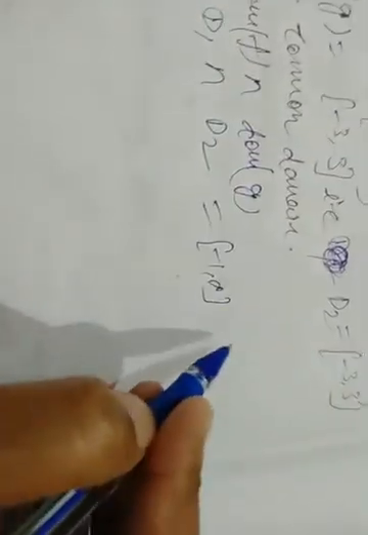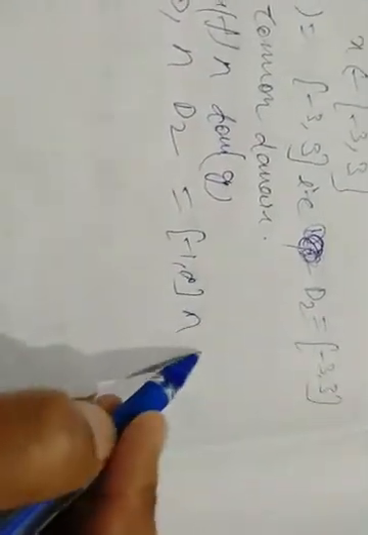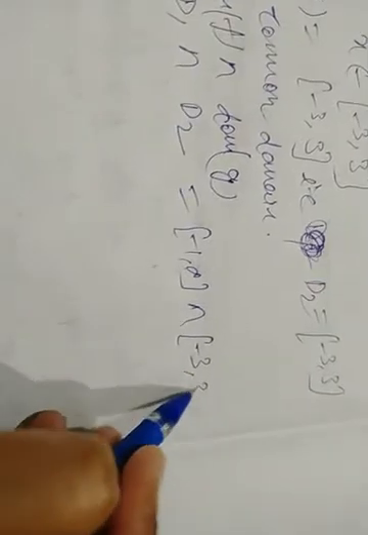So d1 is minus 1 to infinity, intersection d2 is minus 3 to 3. So their common domain is minus 1 to 3.